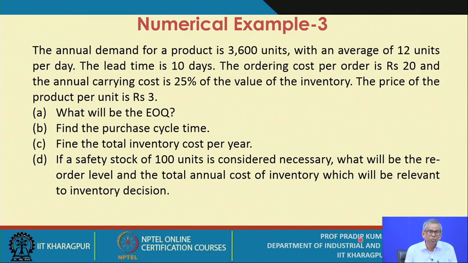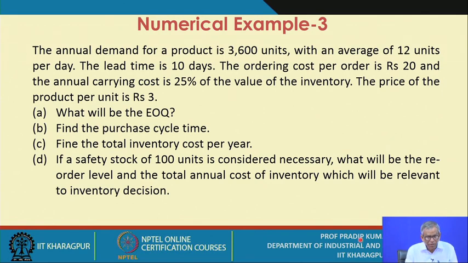Usually, when you have probabilistic demand, then only you need to determine the safety stock, because of the fluctuations of demand during lead time as well as the fluctuations of the lead time itself. So you need some extra stock, buffer stock, we have already explained.